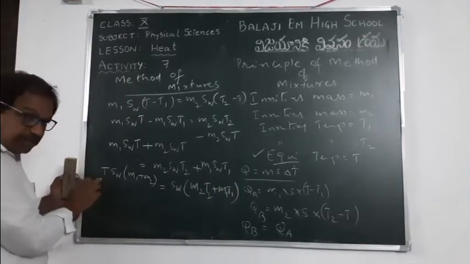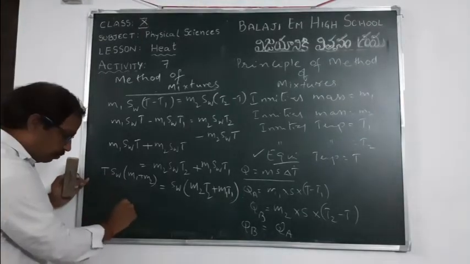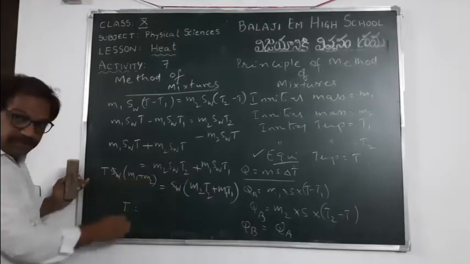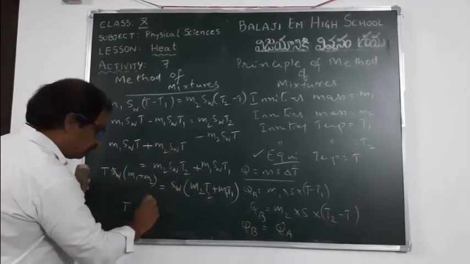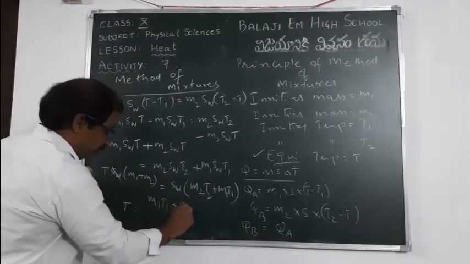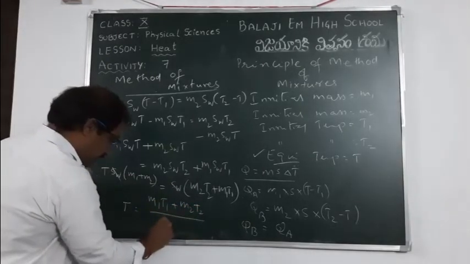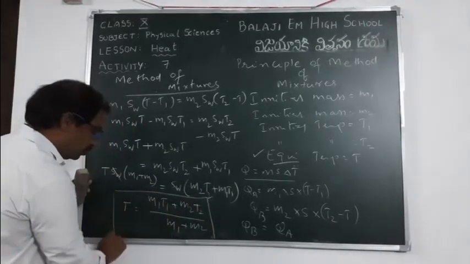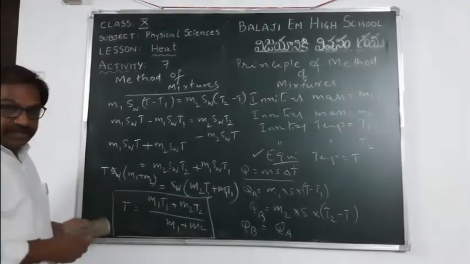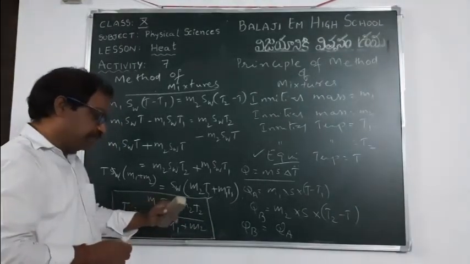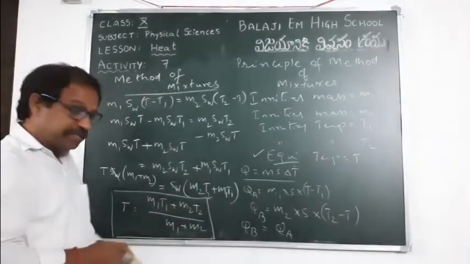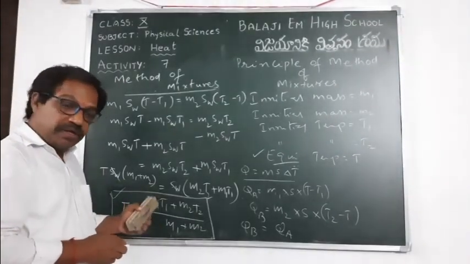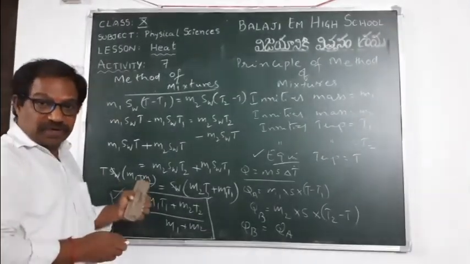We have to calculate the equilibrium temperature, capital T. SW and SW get cancelled, and T is equal to (M1 T1 plus M2 T2) divided by (M1 plus M2). This is the formula to find the equilibrium temperature. You must remember this formula. These formulas are very important and you have to learn them.